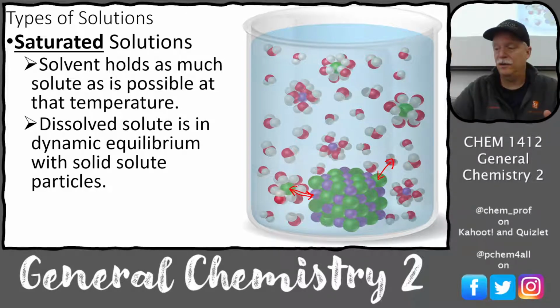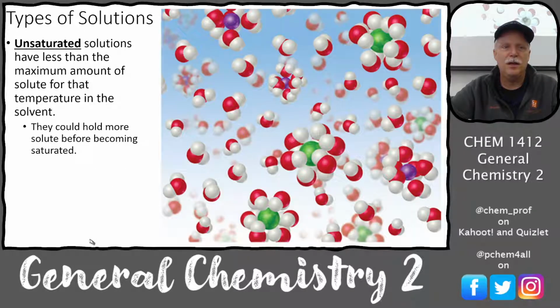And that's how we make our really, really sweet tea: we dissolve that sugar in hot water, and then in cold water, it's actually supersaturated. It's got more sugar in it than it should be holding. So this dissolved solute is in dynamic equilibrium with the solid solute particles. Okay, if you have an unsaturated solution, it could hold more, but you've just run out. It's all dissolved. And so unsaturated solutions have less than the maximum amount of solute for that temperature.